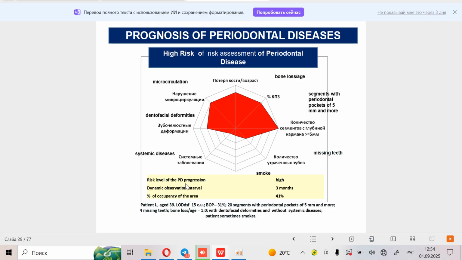There is a high risk assessment, red risk of periodontal diseases, when the patient has the most prognostic criteria in all limits. The patient has prognostic criteria such as 20 segments with periodontal pockets of 5 mm and more, 4 missing teeth, and a ratio of bone loss to age of 1.0.